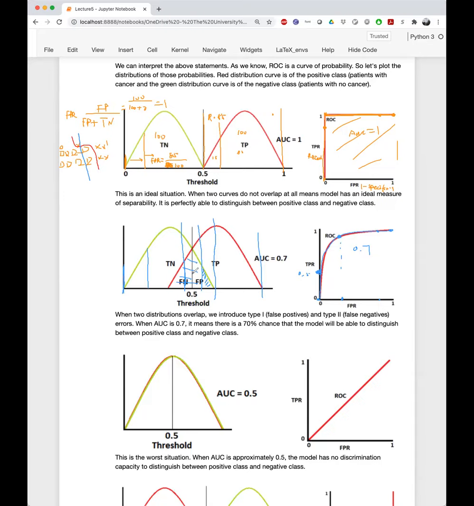Let's further increase the overlap. The extreme case is the two densities, or two distributions, or two histograms, totally overlap. And let's see what will happen. First, we do the same thing. Threshold is here. We captured all of the positive cases, so recall is 1. And we also falsely predict all of the negative cases.